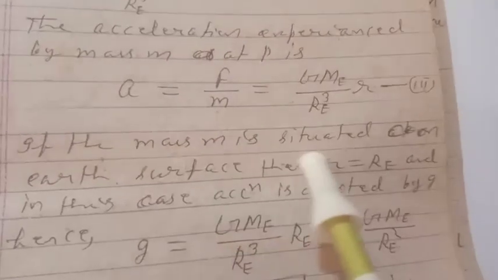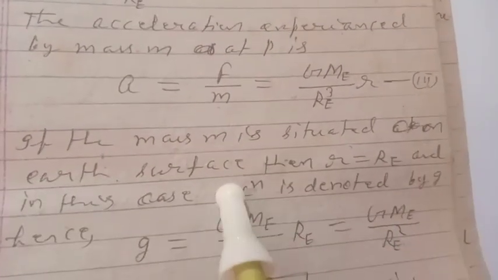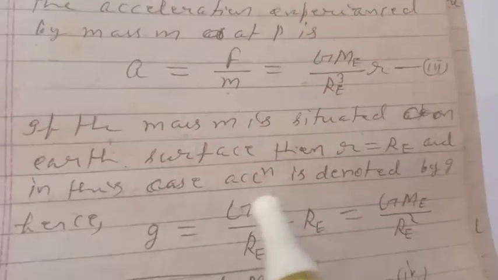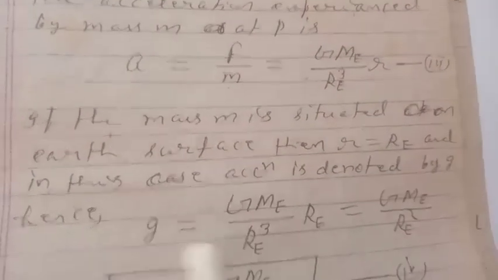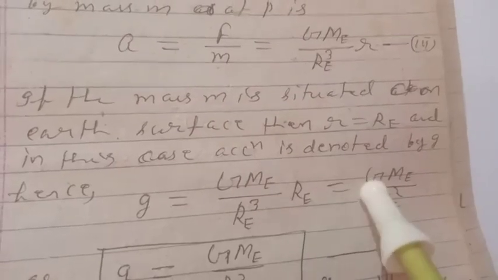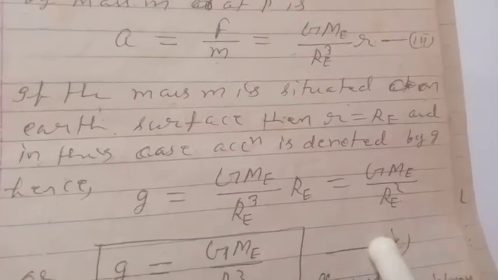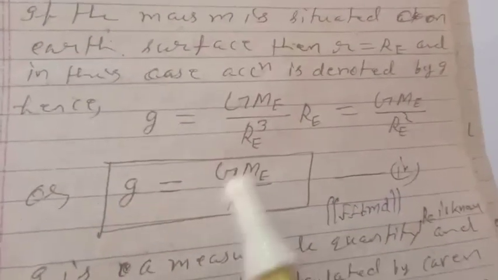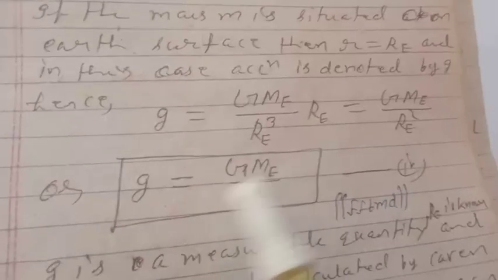If the mass m is situated on Earth's surface, then r equals Re, and in this case the acceleration is denoted by g. Hence g equals G Me by Re cubed into Re equals G Me by Re square. This represents the acceleration at Earth's surface or near to the Earth's surface.